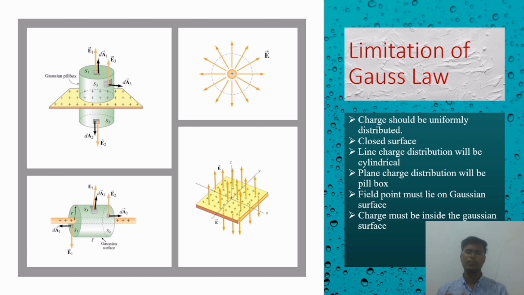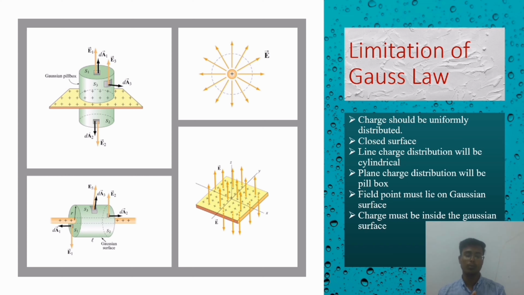Now we discussed the importance of Gauss's law. Now there are some limitations of Gauss's law. We cannot apply Gauss's law everywhere. It has some limitations. First of all, the charge should be uniformly distributed. Second, the surface must be closed. And the third limitation is that the line charge distribution will be cylindrical.